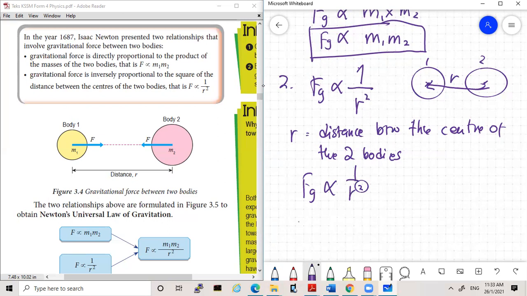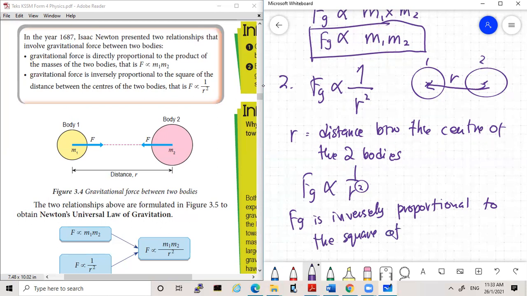In a sentence, gravitational force is inversely proportional to the square of the distance between the centers. Always measure from the center of the bodies.